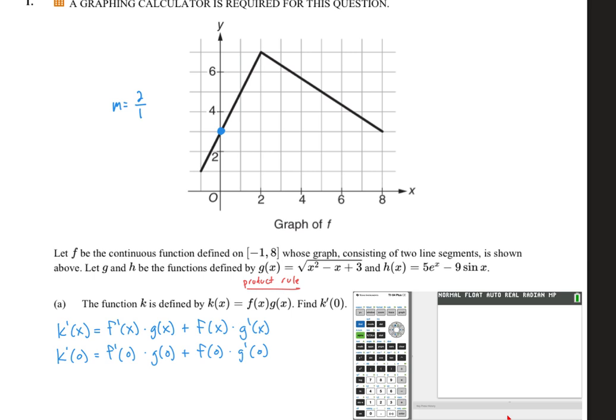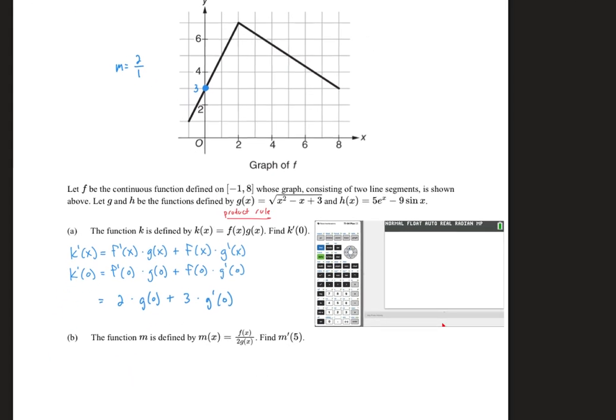Okay, so f prime of 0 is 2. Okay, and then f of 0 is just the y value at 0, which is 3. Y value is 3, so f of 0 is 3. Okay, and then the rest we'll do in the calculator.